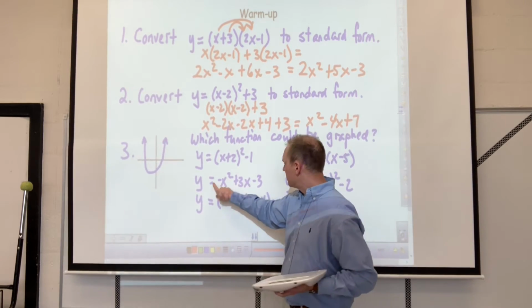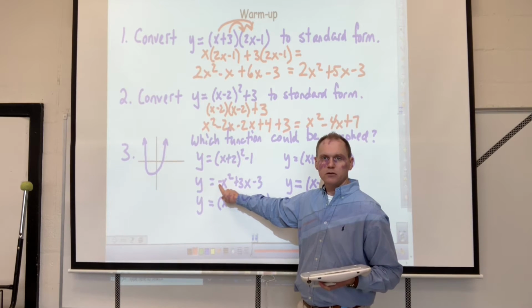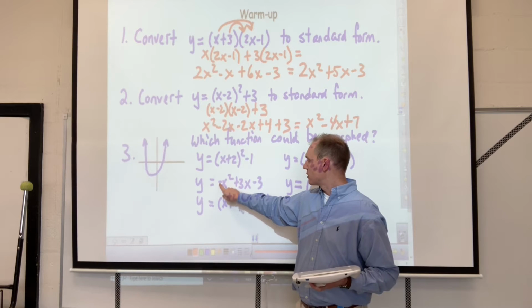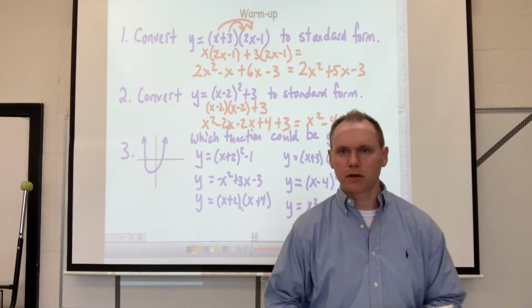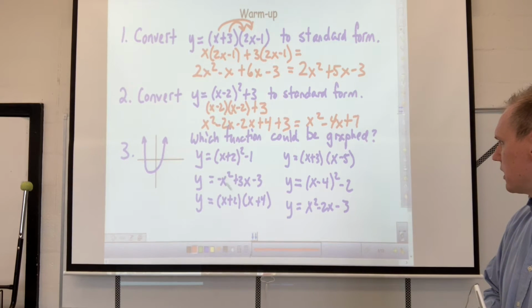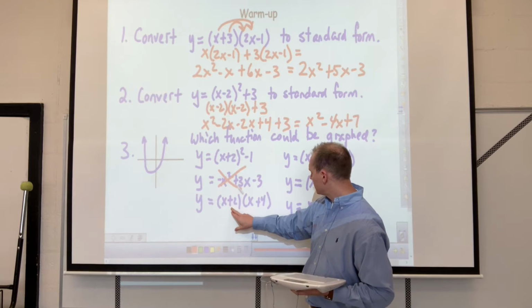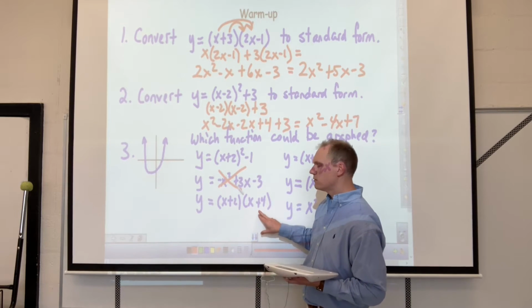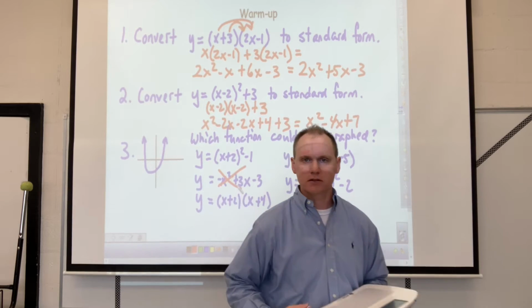Here, this negative indicates it's a concave down polynomial or parabola, and this one is concave up, and so we know that that one cannot be. So I'm just going to put an X through that one. This one has x-intercepts of -2, 0, and -4, 0. So that's 2 negative x-intercepts, and we see that that's not the case here.